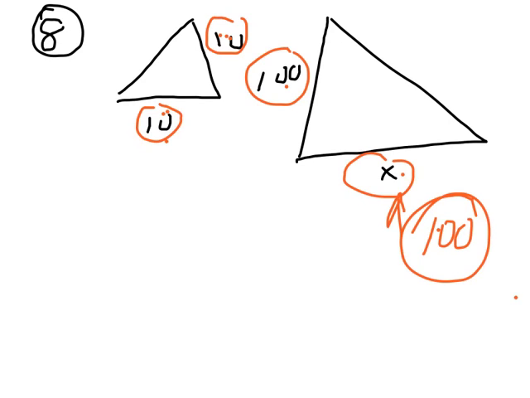One of the easiest ways would be to rotate it. If we rotated the big one a turn to the right and made it look like this, where the 100 was here and the X was here, that's what I'm assuming they meant for us to do, because it wasn't as clear as I'd like for it to be.